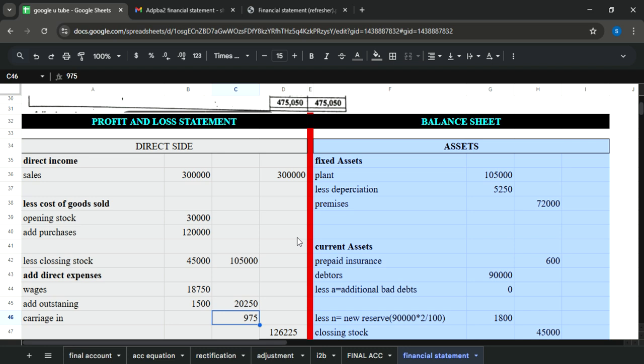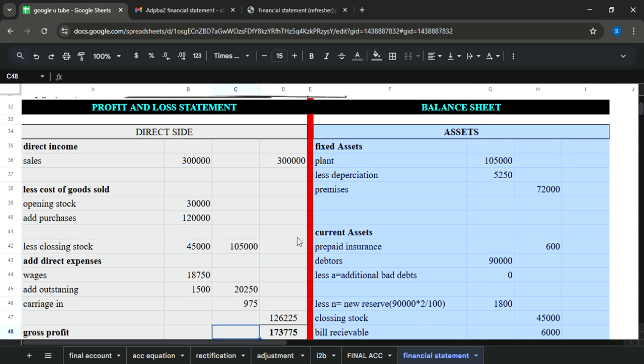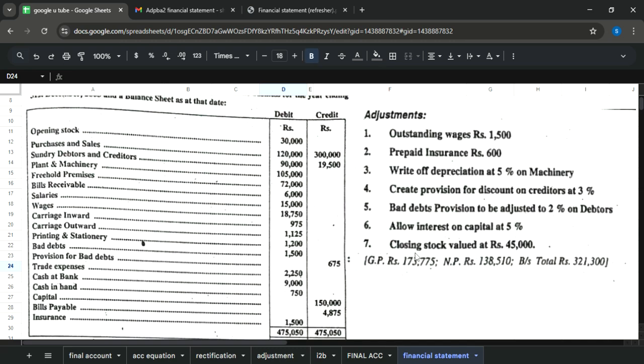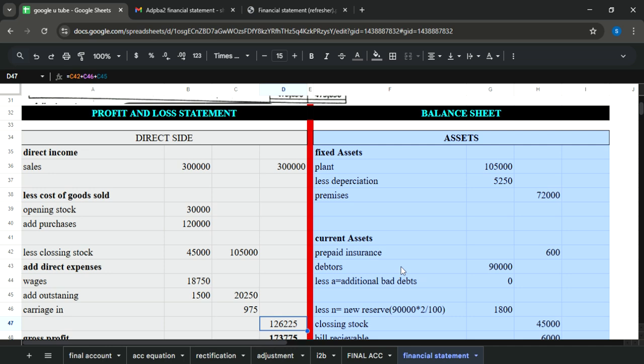So there are two direct expenses. Okay guys, sum of cost of goods sold and direct expenses is 126225, and then 3 lakh minus cost of goods sold, we have got gross profit 173775, and look at this, 173775. So gross profit is calculated.